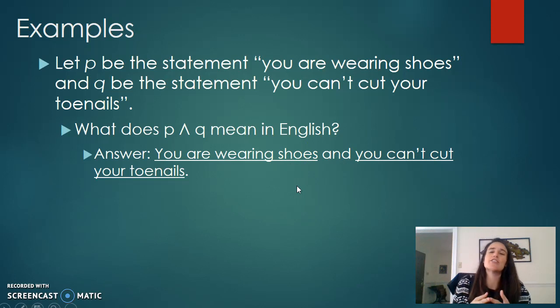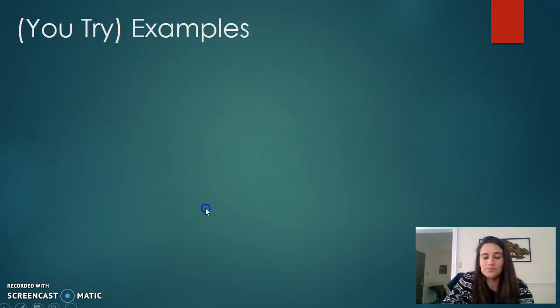So the idea here is that we don't want to spend lots of time writing these really long, complicated sentences. We want to be able to use some kind of shorthand notation, and that shorthand notation is this formal mathematical logic symbol, because it will save us lots of time and energy rather than writing out these long English statements.